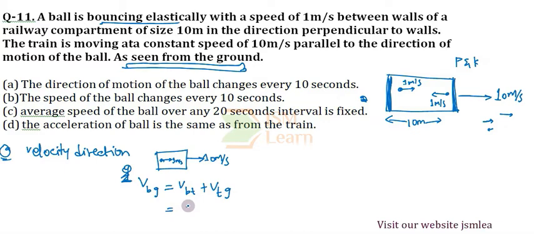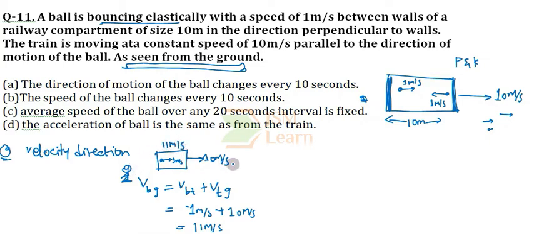Both are in the same direction, directed in the positive direction. So 1 meter per second plus 10 meters per second, you obtain 11 meters per second. At the first instant, when the ball is moving in the rightward direction, the observer on the ground sees the ball moving with 11 meters per second in the right direction.